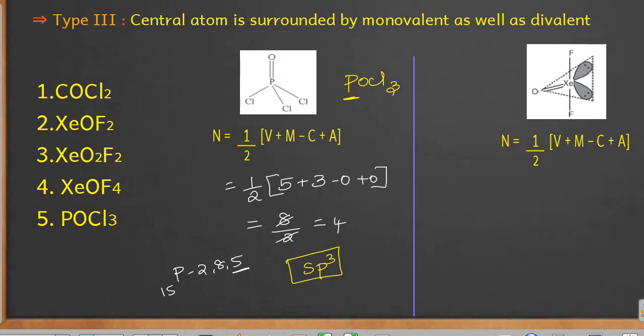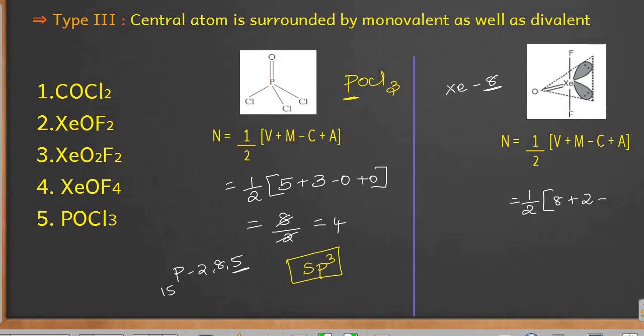So let's move to the next one. Here xenon difluoride. Okay, xenon difluoride. So already we discussed xenon is a noble gas. Outermost electron is 8. Okay, so 1 by 2, 8. There are 2 monovalent, that is fluorine.